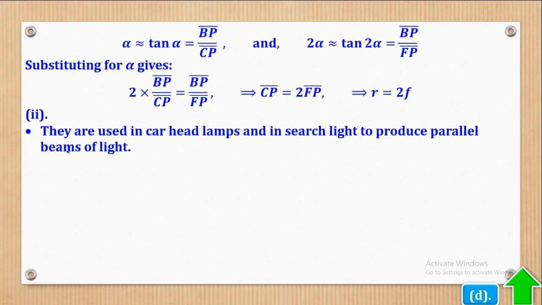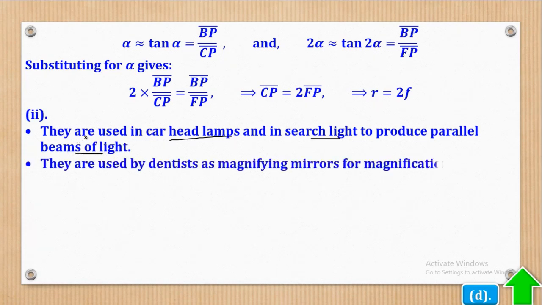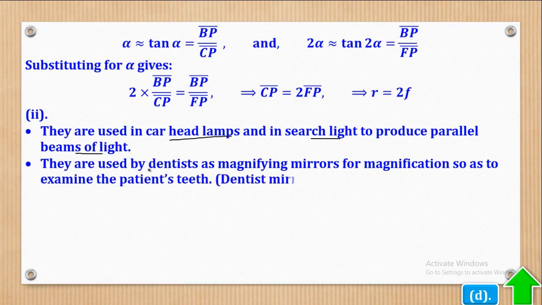So one, we shall say that they are used in car head lamps and in searchlights to produce parallel beams of light. Then 2, we shall say that they are used by dentists as magnifying mirrors for magnification so as to examine the patient's teeth.